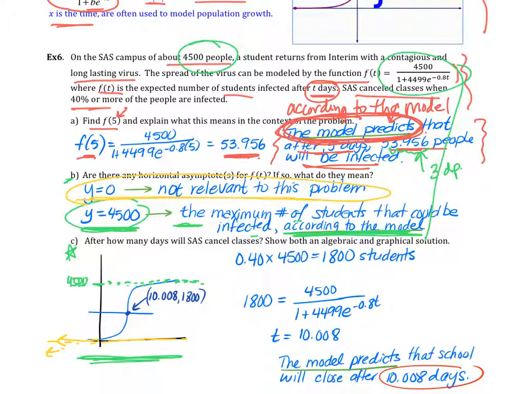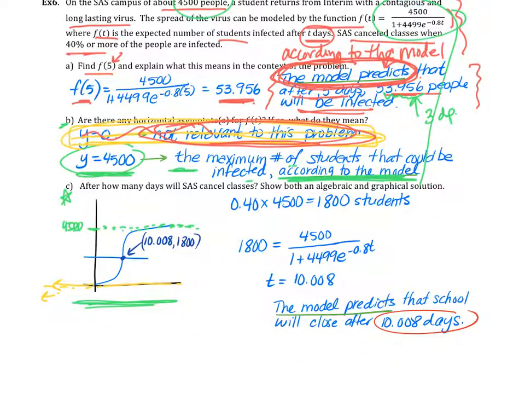Therefore, this asymptote is not relevant. So you either do not write it on your paper at all, or if you do write it down, you have to say this is not relevant to this problem. If you write it down and don't say this statement, then you're going to get a point deducted. So I would say don't write it down, or state what it is and then tell us it's not relevant.